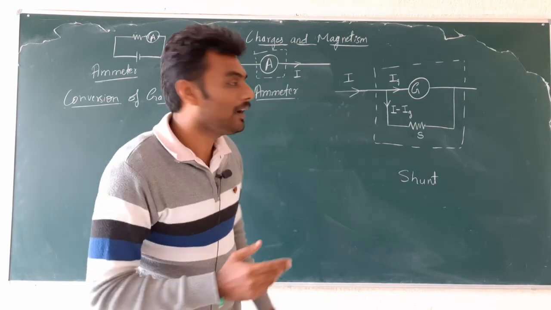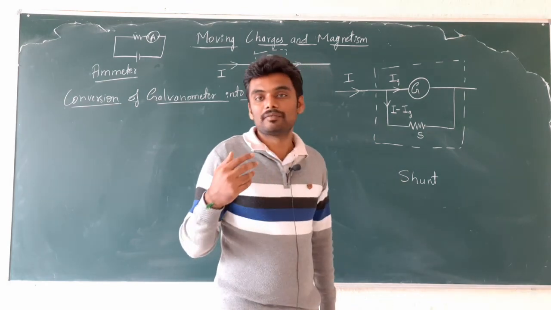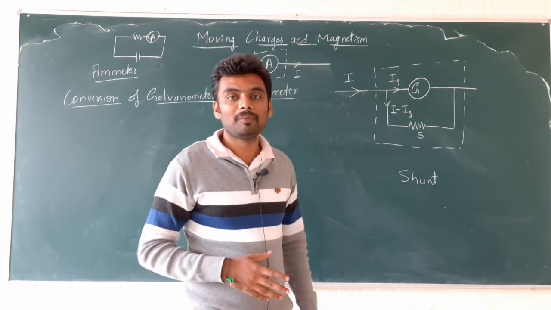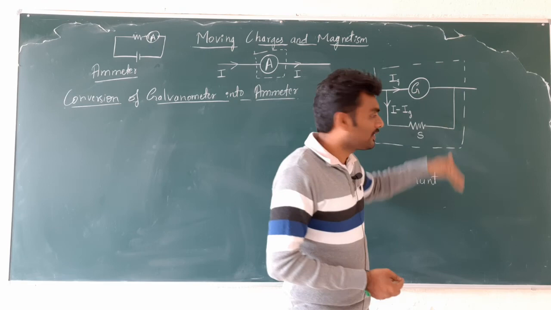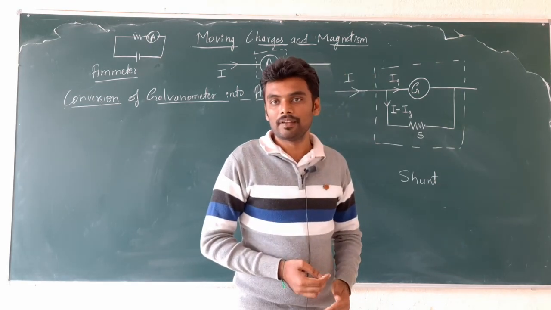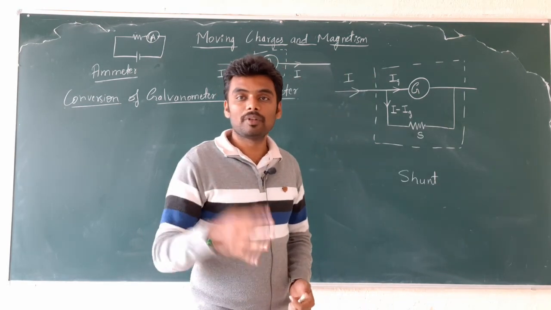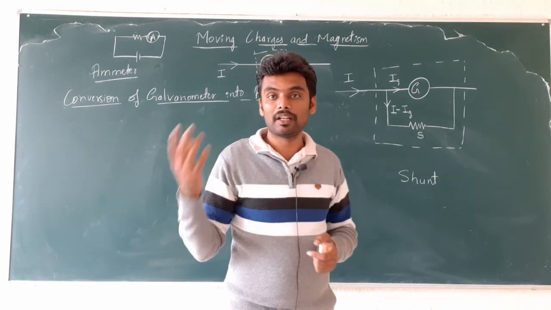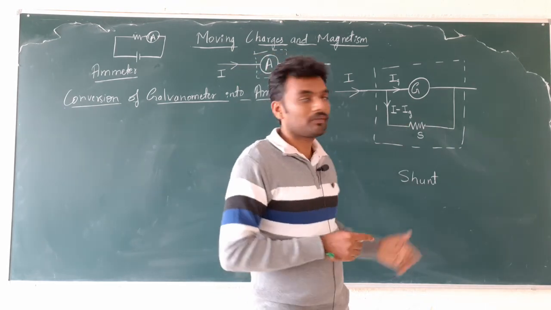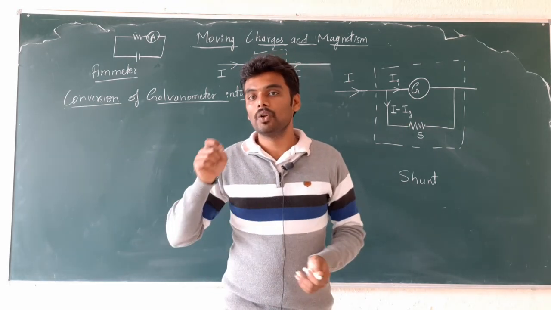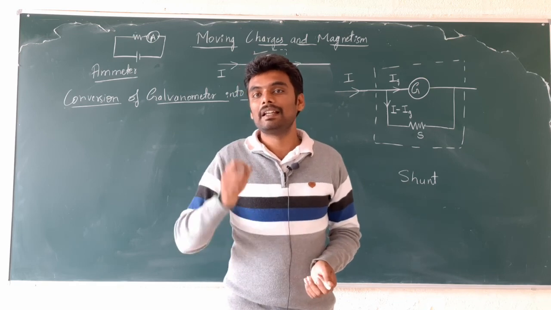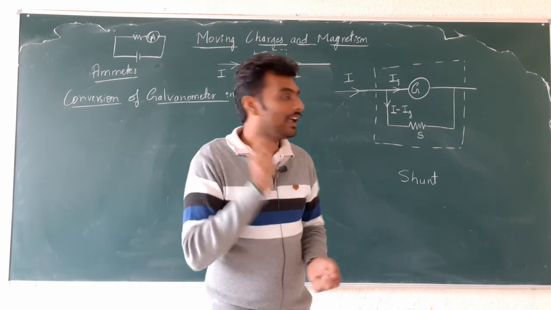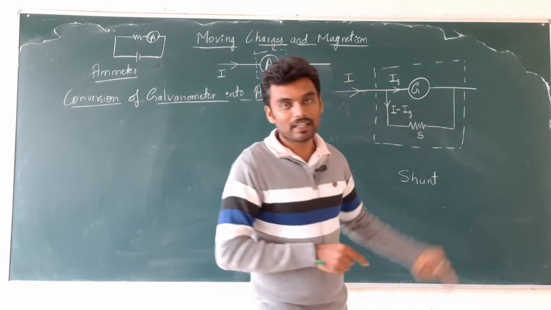Even if we have somewhat like 10 milliampere, 50 milliampere, this cannot show the exact reading, isn't it? Along with that, if it is too much of current flowing, like 1 ampere, 10 ampere and all, then the galvanometer will get damaged. So we need as less current as possible to flow through the galvanometer.